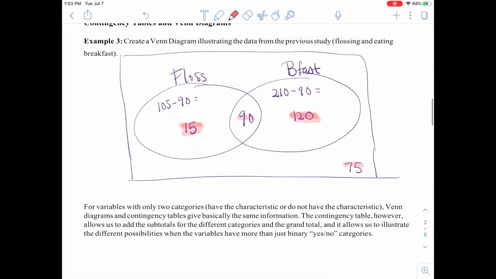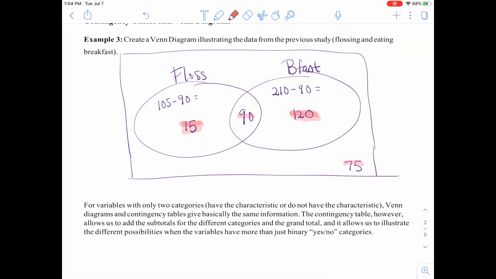And so when we go down here, it says for variables with only two categories, either you have the characteristic or you don't, Venn diagrams and contingency tables give basically the same information. Same deal I just said. The contingency table, however, allows us to add the subtotals for different categories and the grand total, which is nice. And it allows us to illustrate different possibilities, where a Venn diagram is very binary. It's like yes or no. But they all give you the same information, okay?